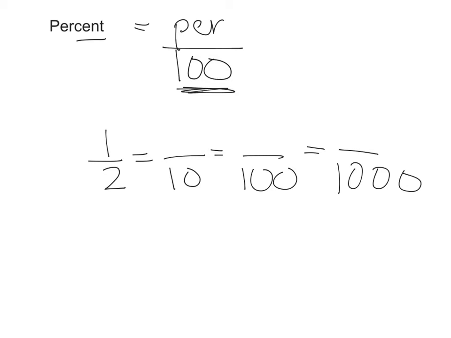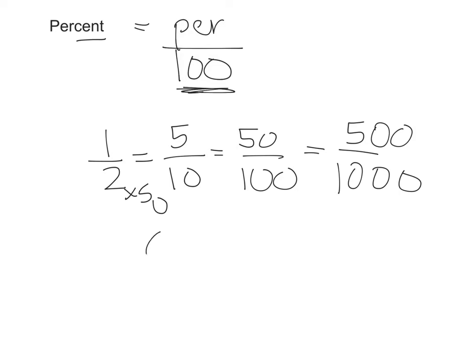So like to change 1/2 to tenths, we multiplied both by 5, and that gave us 5/10, where 5 is half of our 10, so 1/2 is 5/10. To get the 2 to change to 100, we would have had to multiply by 50, so 1 times 50 would have given us 50 hundredths, because 50 is half of 100, and for 1,000 it would be 500 thousandths.